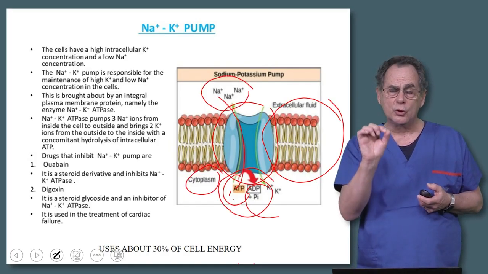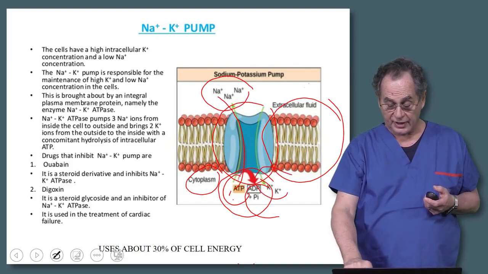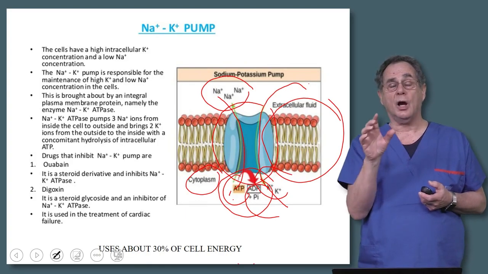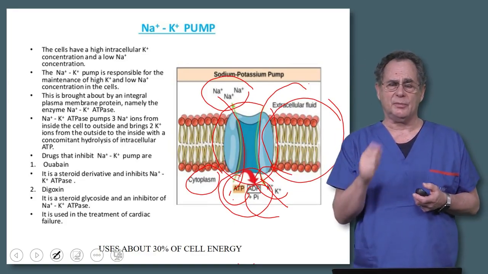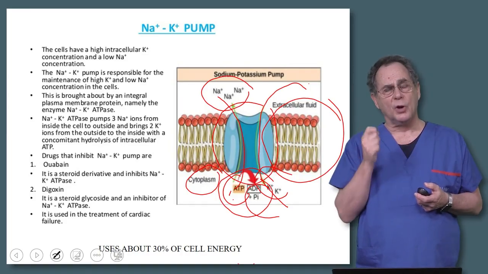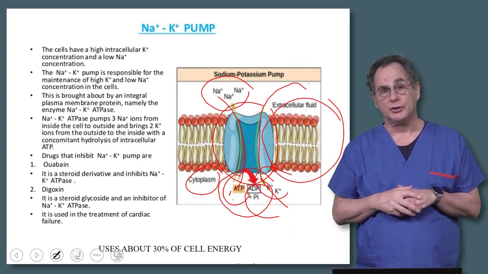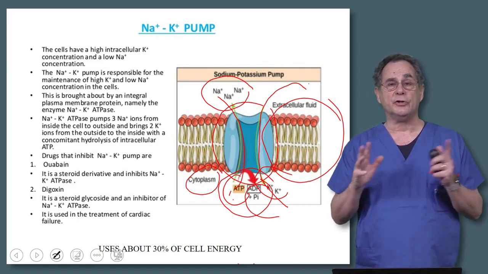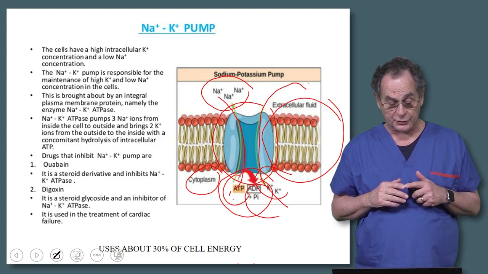And as it moves sodium out of the cell, potassium moves in. So you and I have an integral membrane protein, a sodium-potassium ATPase, that sits within the cell membrane and is responsible for maintaining that differential concentration of positively charged solutes within the bodily fluid compartments.